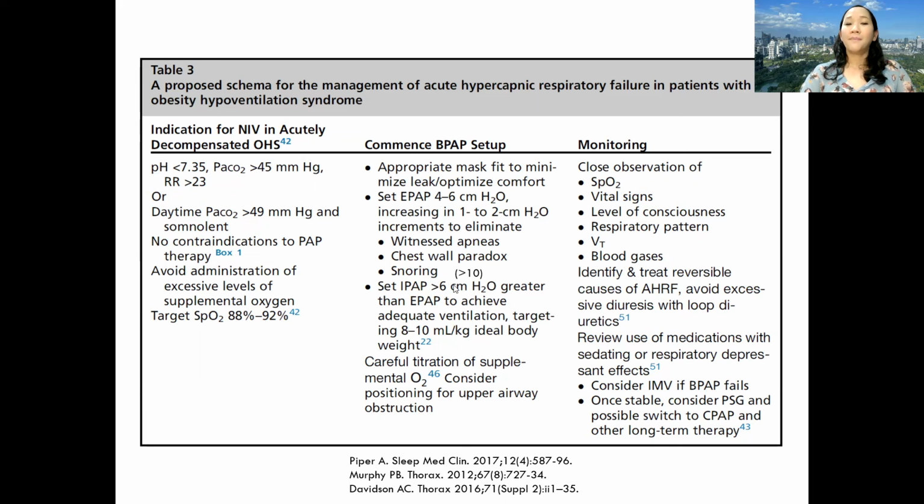The IPAP-EPAP difference should be at least 6, and some papers said at least 10. You want to achieve a target volume between 8 to 10 cc per kg of ideal body weight. You should monitor saturation, vital signs, consciousness, respiratory pattern, tidal volume, and blood gases.